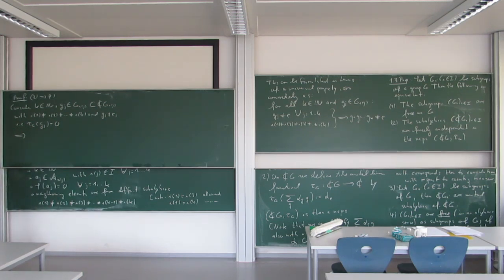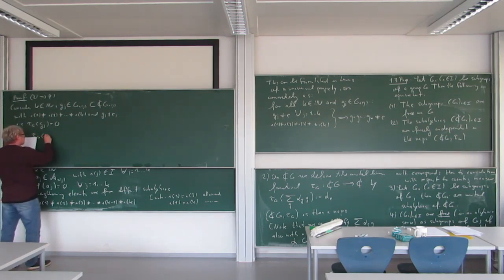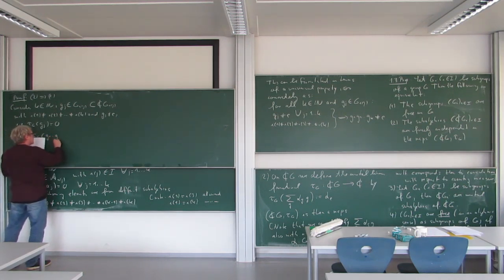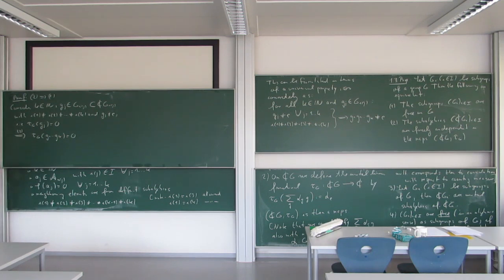All of them are centered, so tau of each of them is 0, and then the definition of free independence, which is what I assume here, says that tau g of the product is also 0. Tau of g_1 up to g_k is also equal to 0. That's now the definition of freeness in the group algebra.